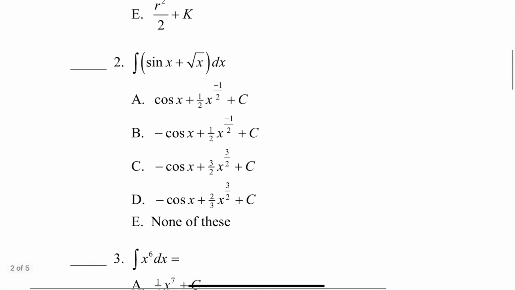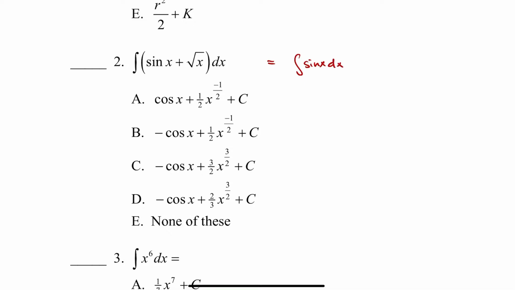Number two, you can distribute that integral. So integral sine x dx plus integral square root x, you can change it to x to 1/2 dx. So that becomes integral sine is a negative cosine x plus x to 1/2.